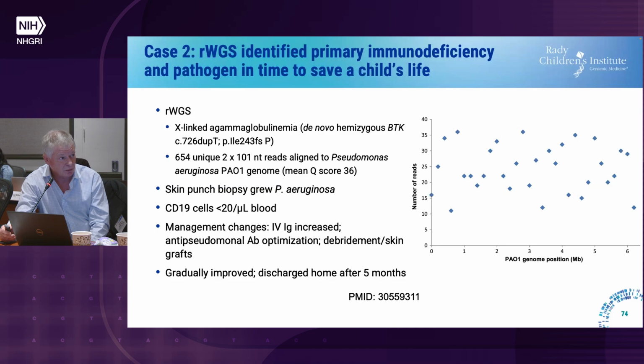Horrible hospital course, required debridement of those lesions followed by skin grafts, but he did well on IVIG and aggressive anti-pseudomonal antibiotics. But again, a rapid diagnostic genome done earlier in the clinical course could have avoided this hospitalization and the death of his twin.